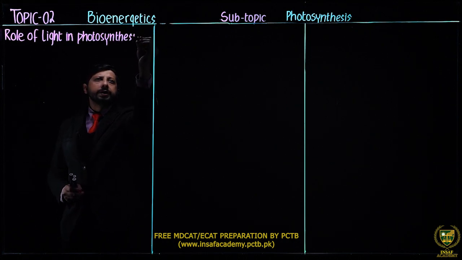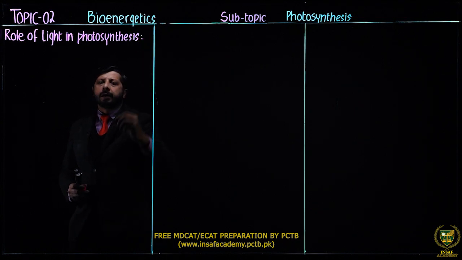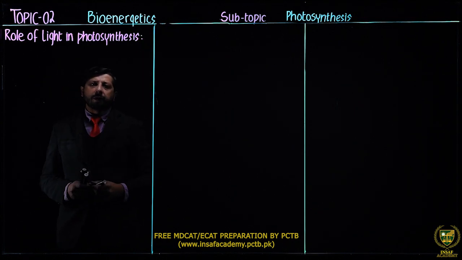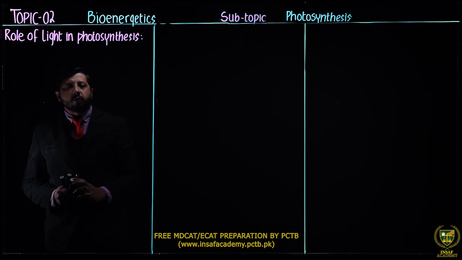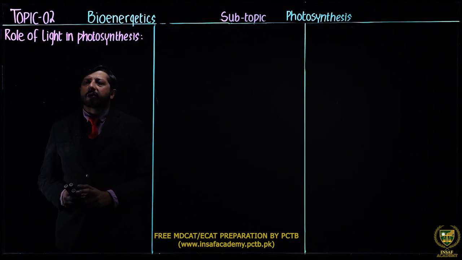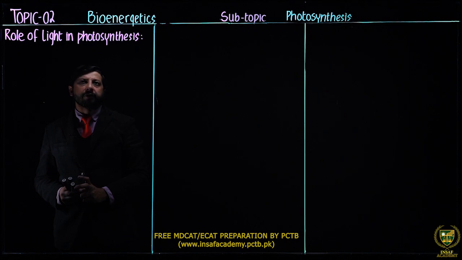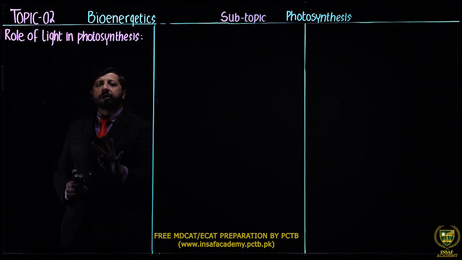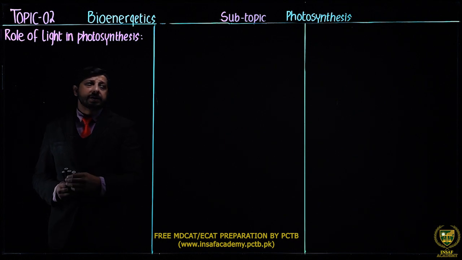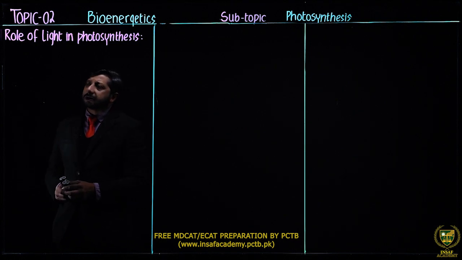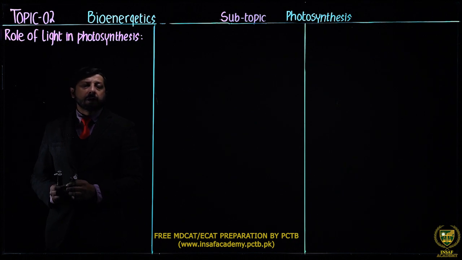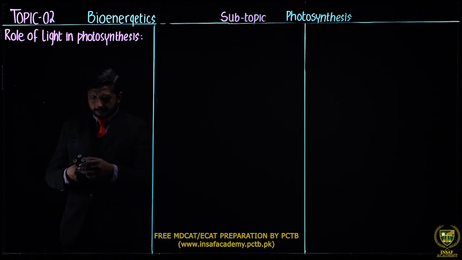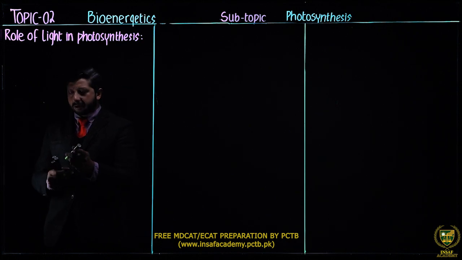We have already discussed the role of carbon dioxide in photosynthesis, the role of water in photosynthesis, and the role of photosynthetic pigments in photosynthesis. And the fourth role is of the light. So these are the four reactants which are going to be completed in this lecture, and then we'll discuss the photosynthetic reactions as well. Clear?